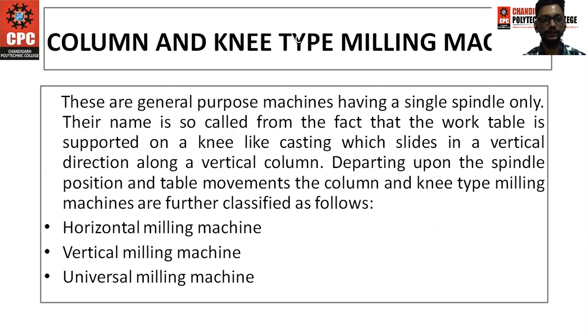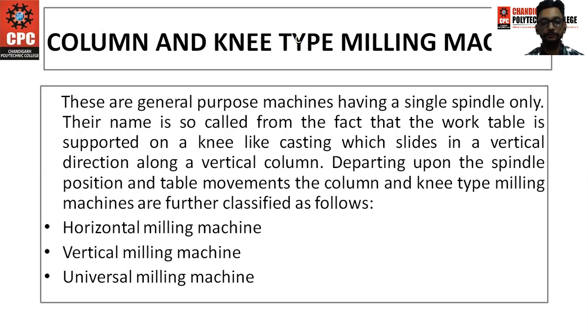These are general purpose machines having a single spindle only. So in the column and knee type milling machine, the spindle is a single speed spindle only. Their name comes from the fact that the work table is supported on a knee-like casting, which slides in a vertical direction along a vertical column.